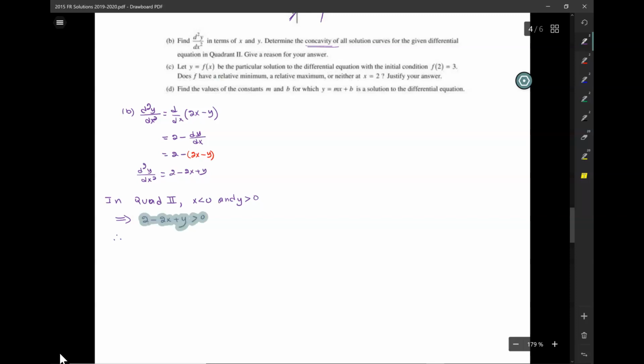I'm going to write one more thing. So d squared y dx squared equal to this, you have to say, is positive. So since you've established that the second derivative is positive, you can say that all solution curves are concave up. Isn't that clever?